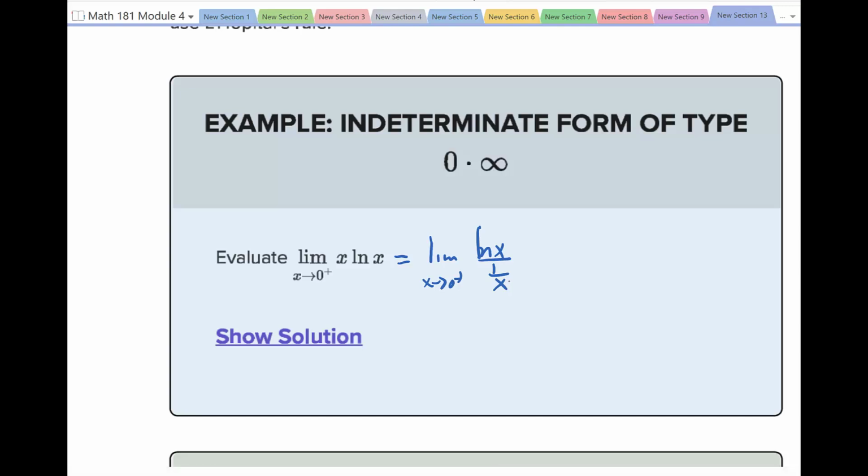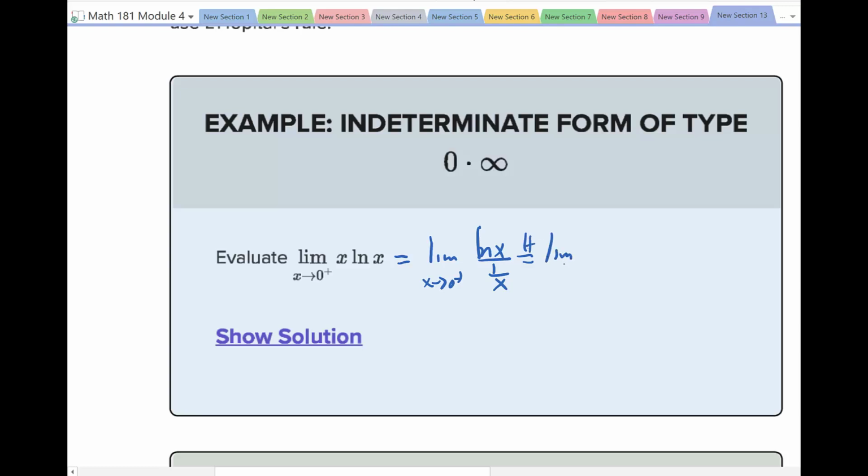So now we do have an infinity over infinity situation, because as x approaches 0 from the right side, natural log of x is negative infinity, and down below we have 1 over 0 from the right side, which would be an infinity. So now we can apply L'Hopital's rule.